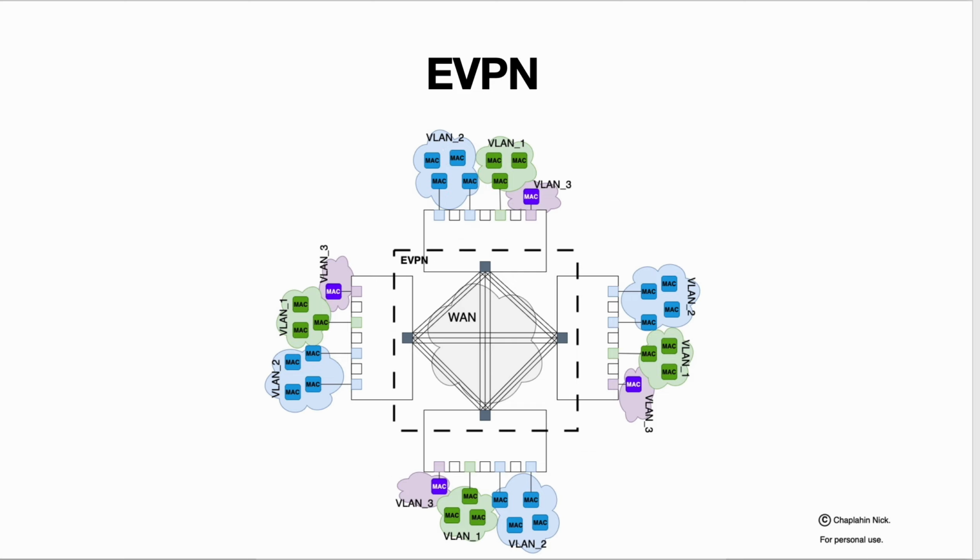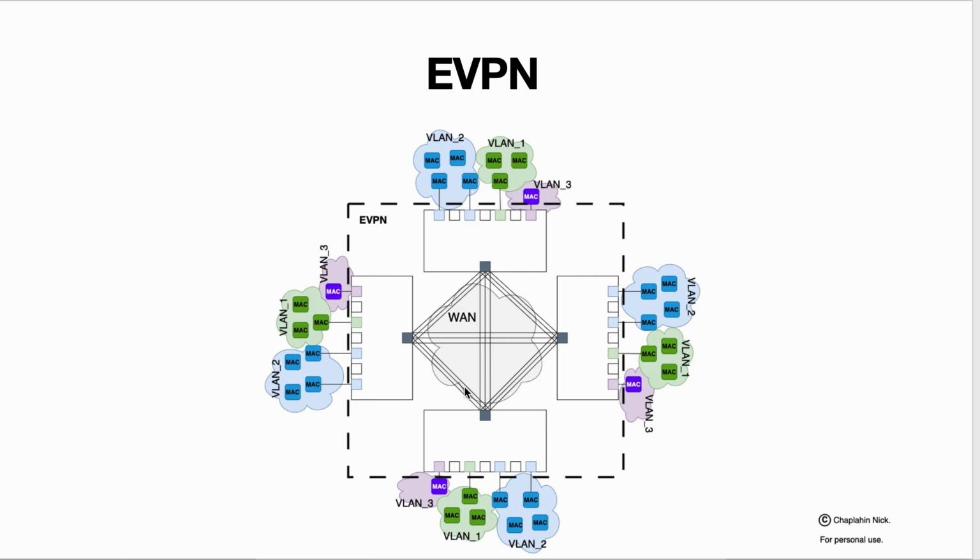In different sources, you can see different highlights of the EVPN. It can be by the provider edge, it can be by the edge of the provider edge, but anyways, the customer edge is not included into EVPN because the customer edge doesn't need configurations related to EVPN.